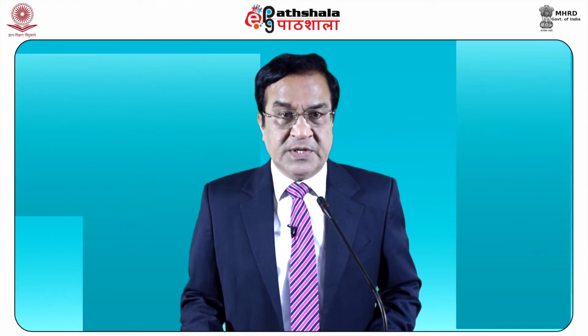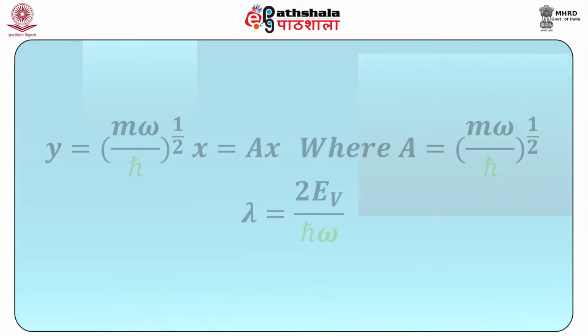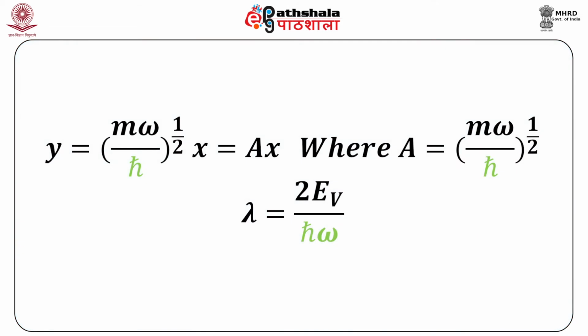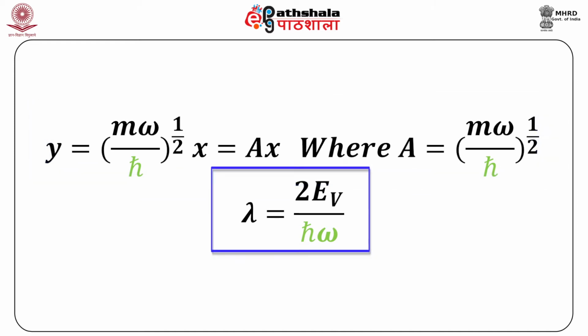In the second step, we make a few substitutions. As you can see, the substitutions are, we put y is equal to square root of m omega upon h cross times x, and we say this is equal to ax, where a is the square root of m omega upon h cross. Second thing we do is to make a substitution, lambda is equal to 2 Ev upon h cross omega.